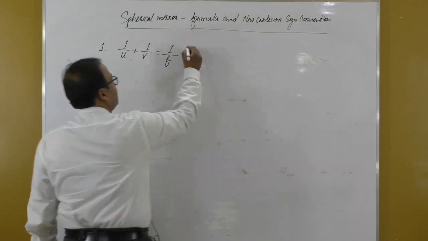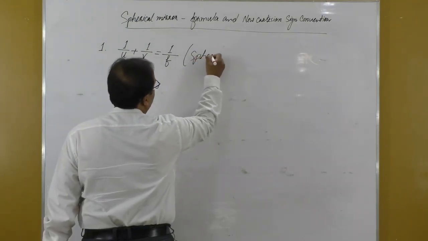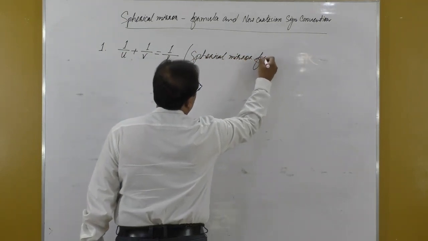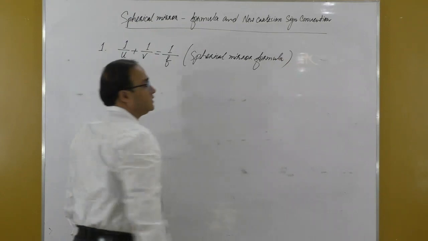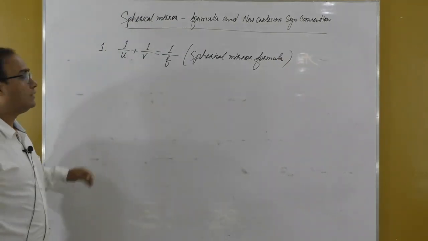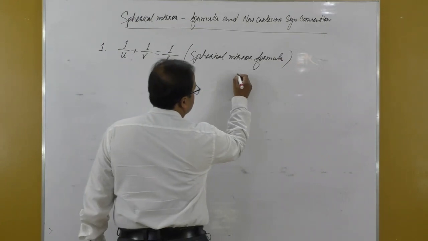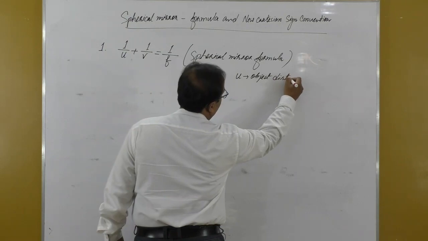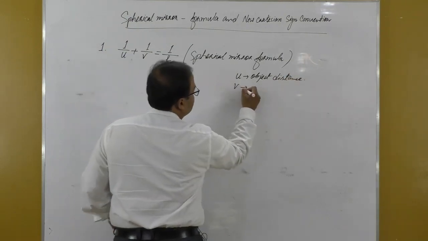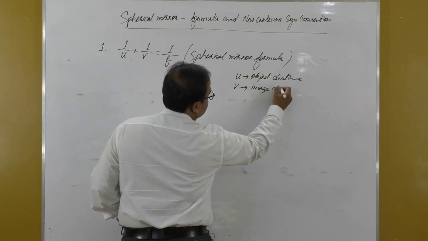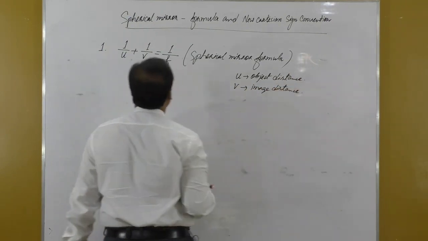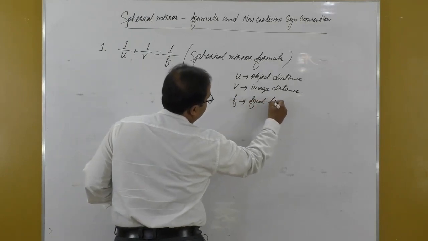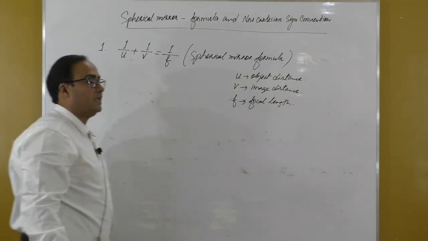This formula is called the spherical mirror formula, where u represents object distance, v represents image distance, and f represents focal length.